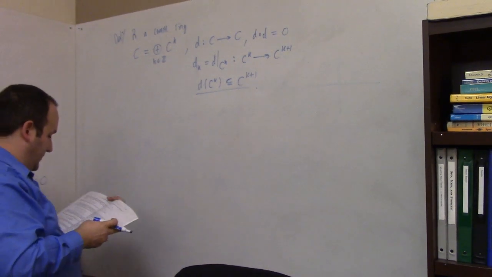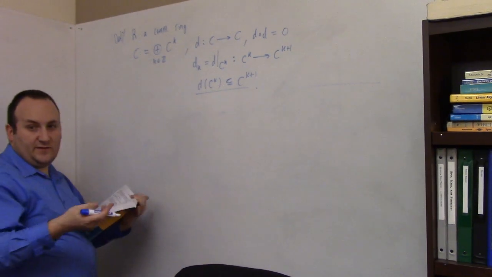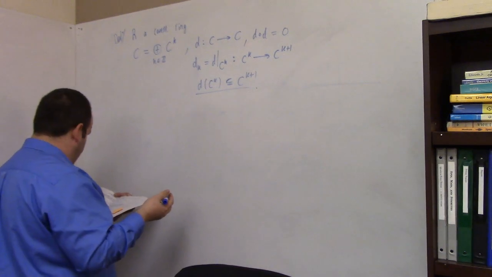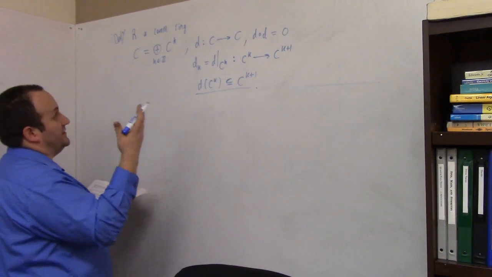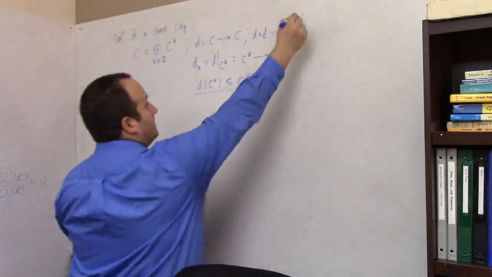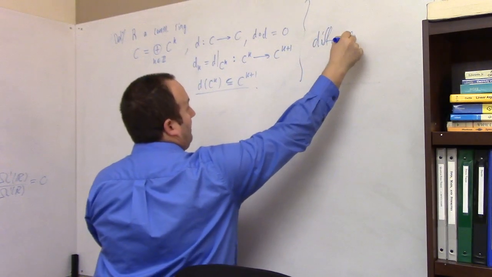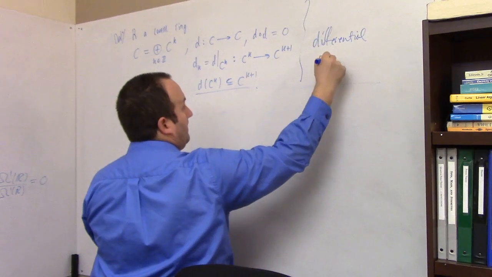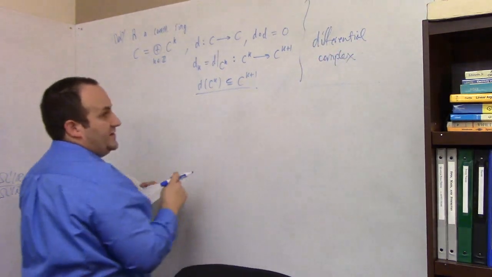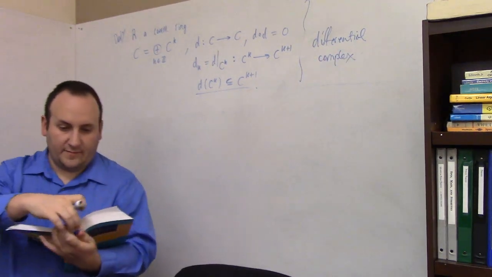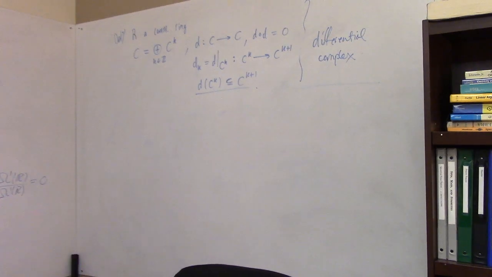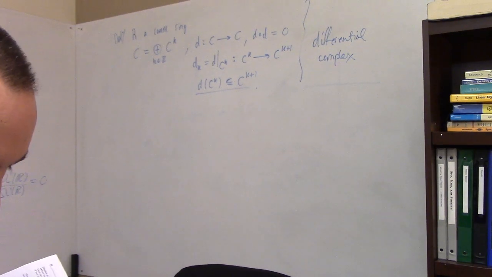And so what's a chain map? This is called a differential complex. Suppose you've got two of these, A and B, and you can talk about chain maps between them.